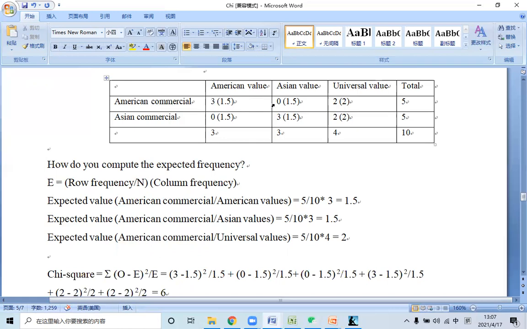For the next cell, 0 is the observed value, but your expected value is 1.5. You were expecting 1.5 American commercials expressing Asian values, but there's none of them. 0 minus 1.5, you square it. Basically, you're getting a squared deviation, an SS.